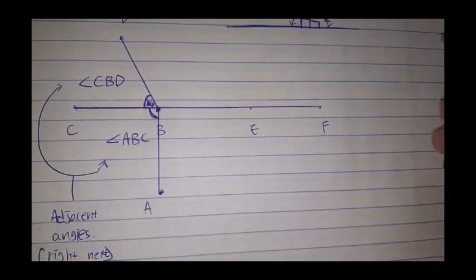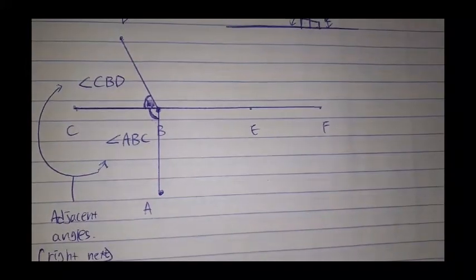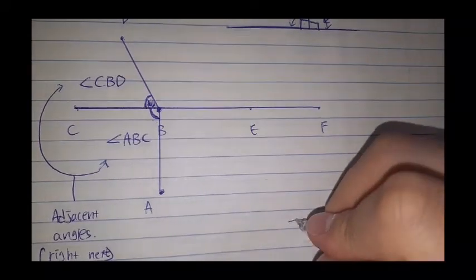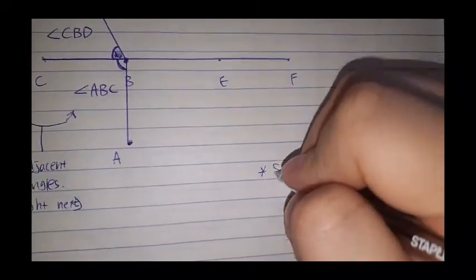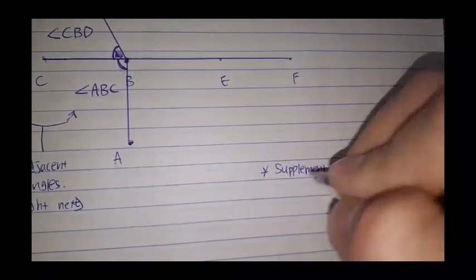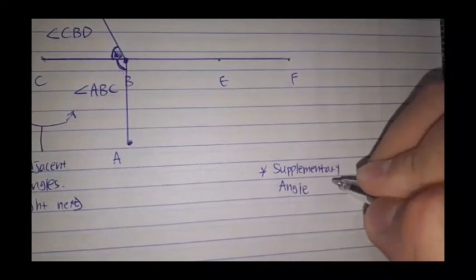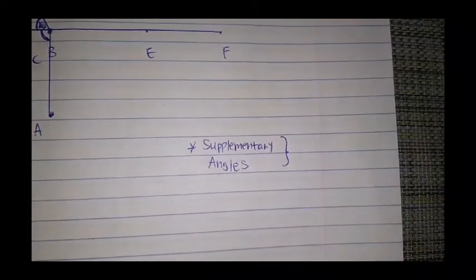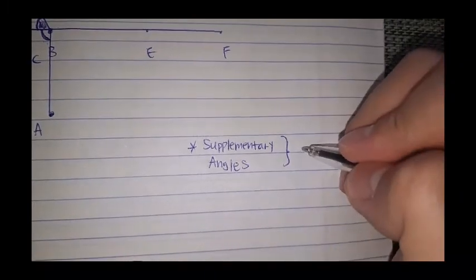Now, let's think about supplementary angles. Supplementary angles need some definition. An easy way of saying it is, if I add those angles, they have to make 180 degrees.